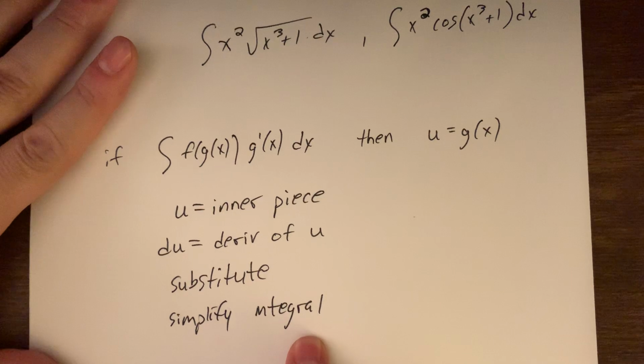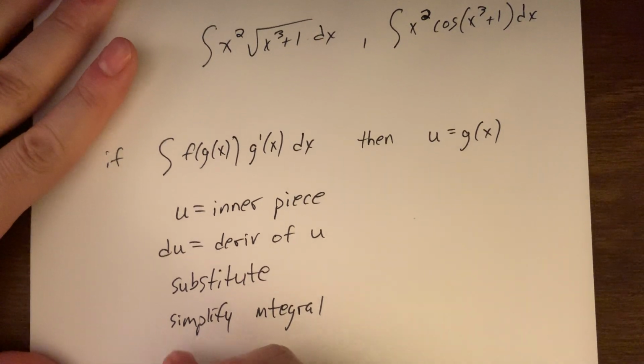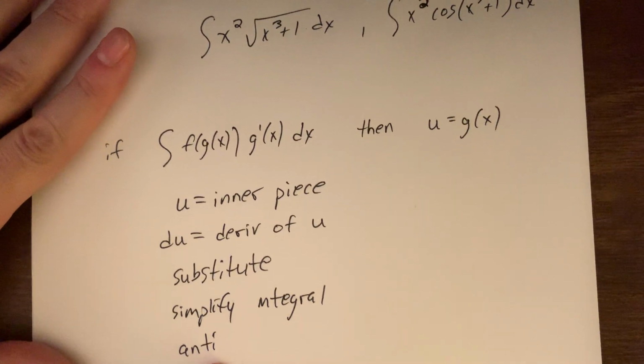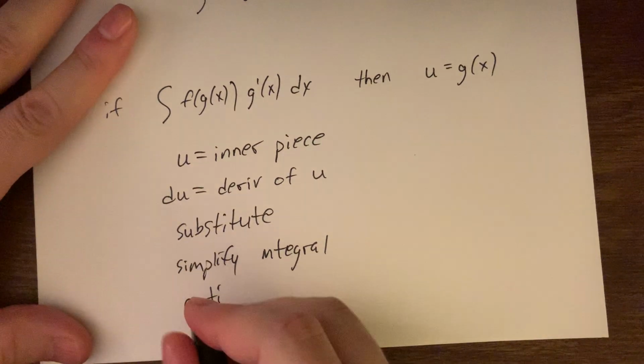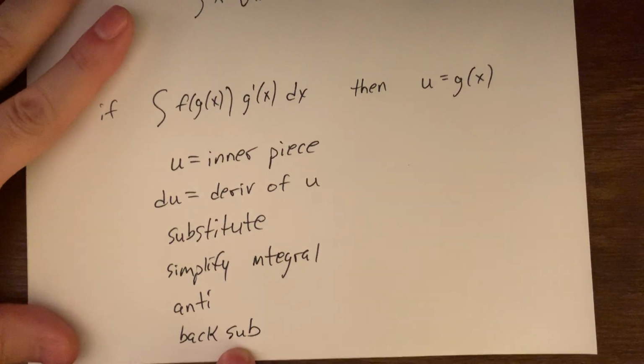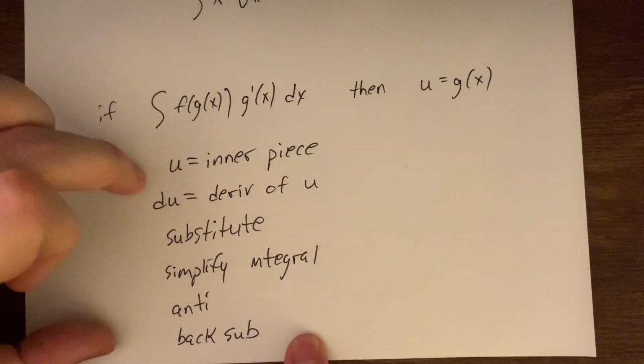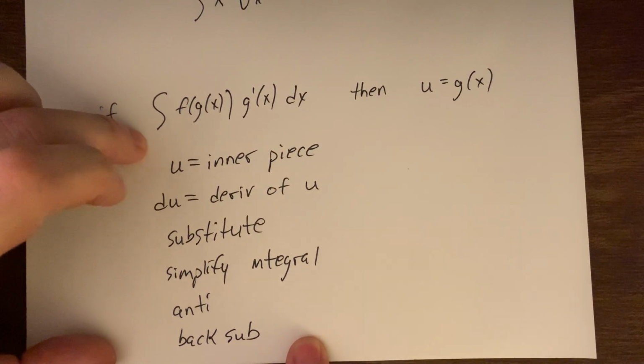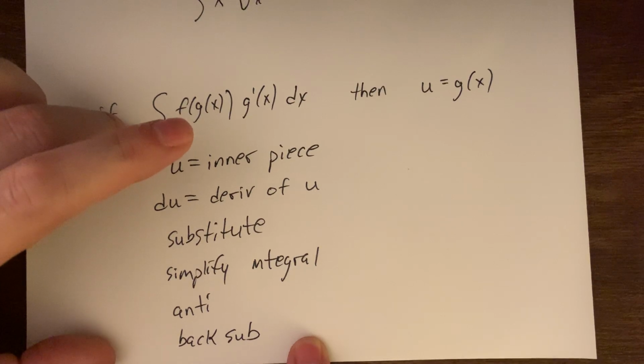So once that integral is simplified, then we can take our antiderivative, but then we often have this step of back substituting.